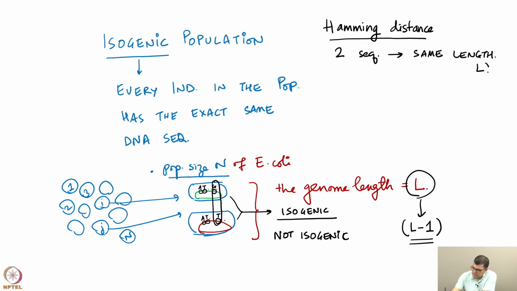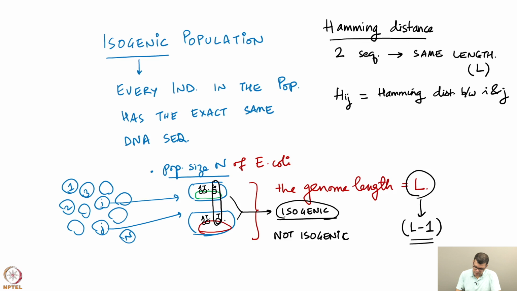So they must be of the same length, in this case L. So Hij is the Hamming distance between sequence I and sequence J. In the first case that we discussed, where the sequence was exactly the same at every one of these L positions, the Hamming distance was 0 if two sequences are exactly identical.